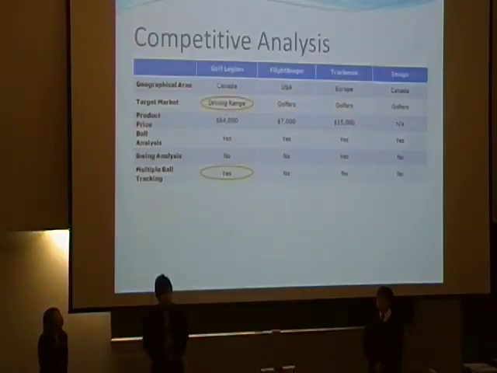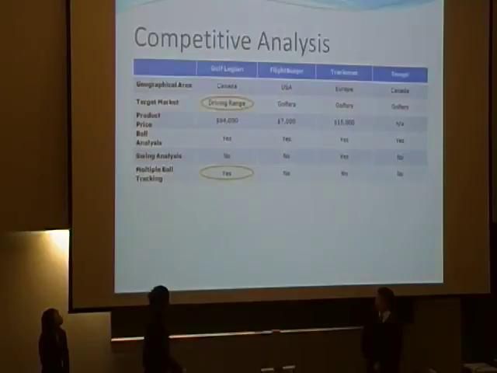And because of the device, they are really pricey. And our goal is to shift the cost to the individual driving range owners. And in return, they will be attracting more golfers so that they will get a higher yearly revenue. And because the golfers will be paying a small premium.